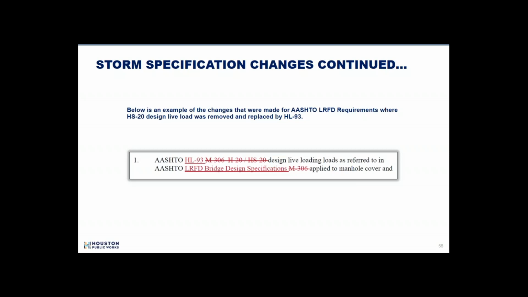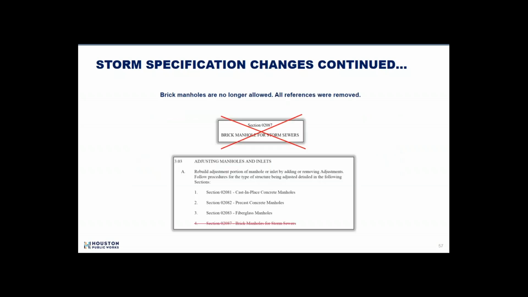Previously, the city required compliance with AASHTO HS20 design live loads. We now require an HL93 design live load. And as stated earlier, brick manholes are no longer allowed. As a result, section 02087, brick manholes for storm sewers, was removed from the standard specifications. Along with that, any references throughout the specs were also removed.